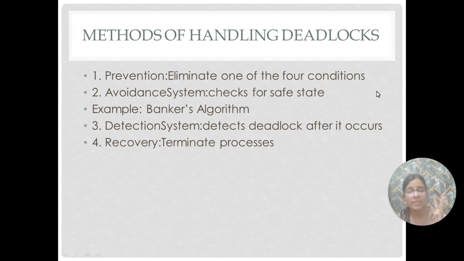Third is detection, where we find deadlocks after they happen. And the last one is recovery, where we solve it by stopping processes or releasing resources. So these were the methods of handling deadlocks.